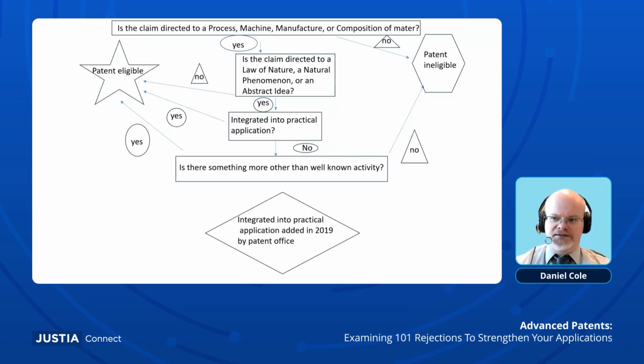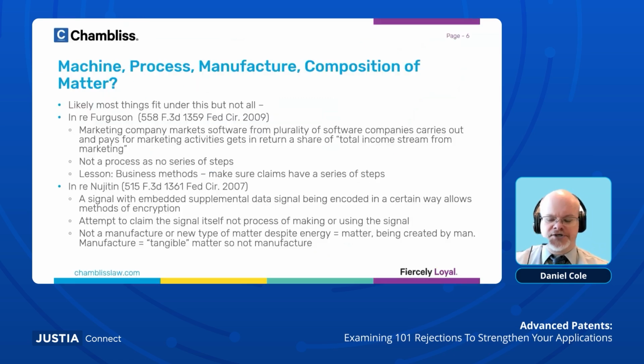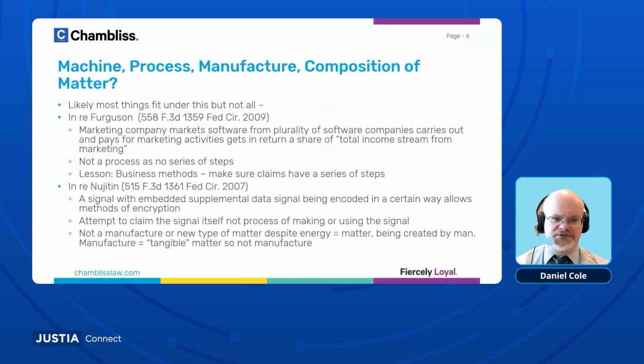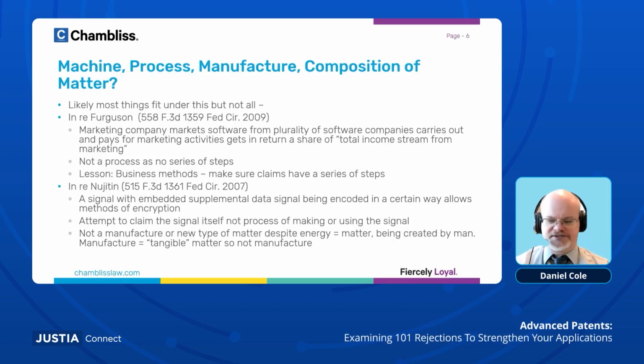Okay. So let's talk about each one of these in depth and a little bit about strategy for each one of them. So the first thing is whether you've got a machine, a process, a manufacturer, or a composition of matter. And like I said before, this is likely something that most things will fit under, but not everything does.